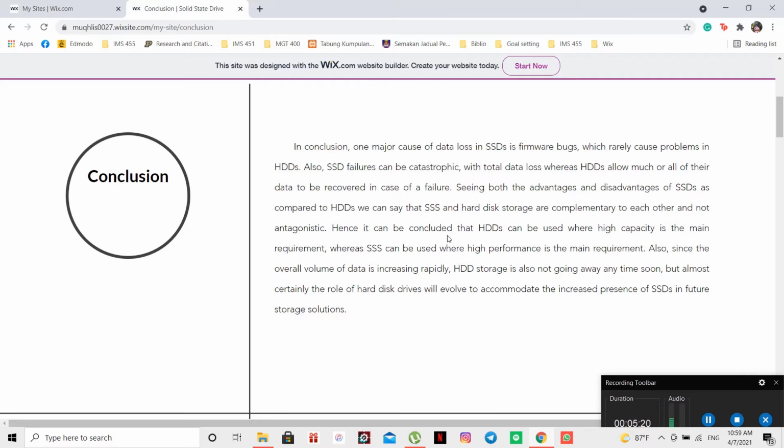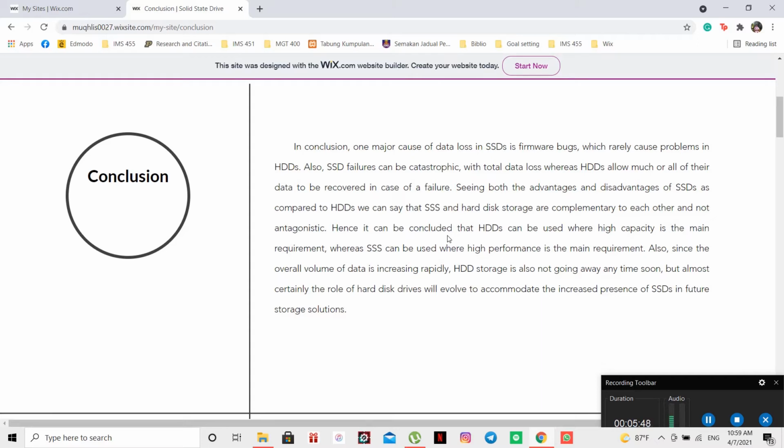Seeing both the advantages and disadvantages of SSDs as compared to HDDs, we can say that SSD and hard disk storage are complementary to each other and not antagonistic. Hence, it can be concluded that HDDs can be used where high capacity is the main requirement, whereas SSDs can be used where high performance is the main requirement, which has already been stated in the statements of problems.